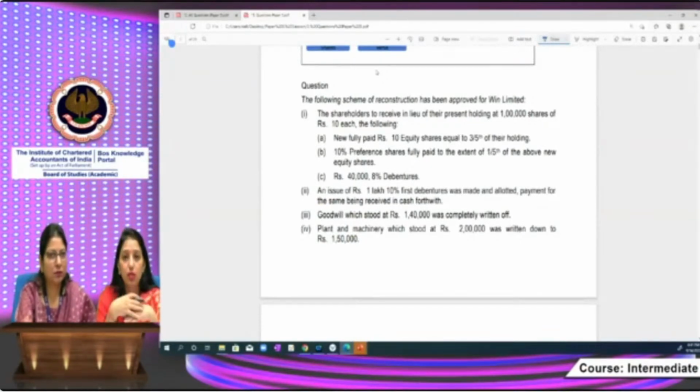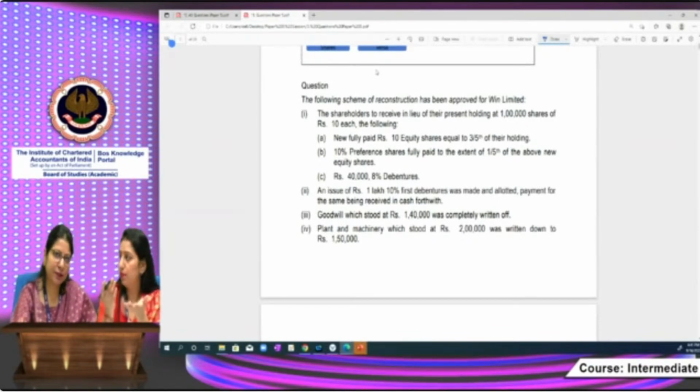If any discount is received, then you have to set it off accordingly. So basically you just have to pass the entries on the basis of the information, and then accordingly prepare the balance sheet in the Schedule 3 format along with the notes to accounts. And in the balance sheet, the figures will be the reduced figures.